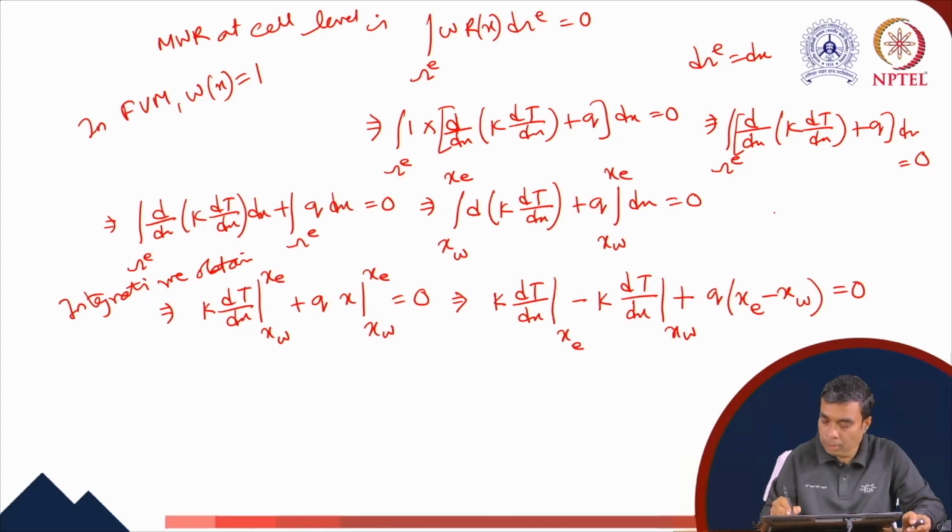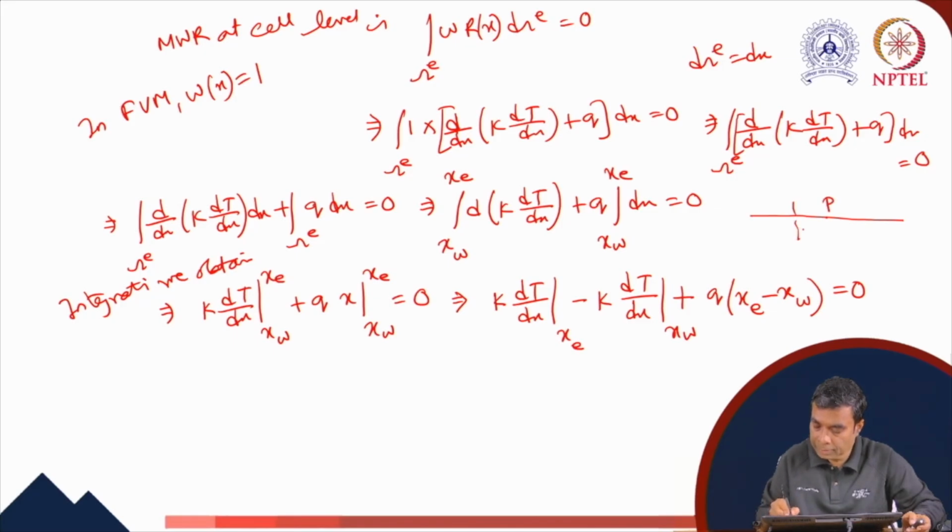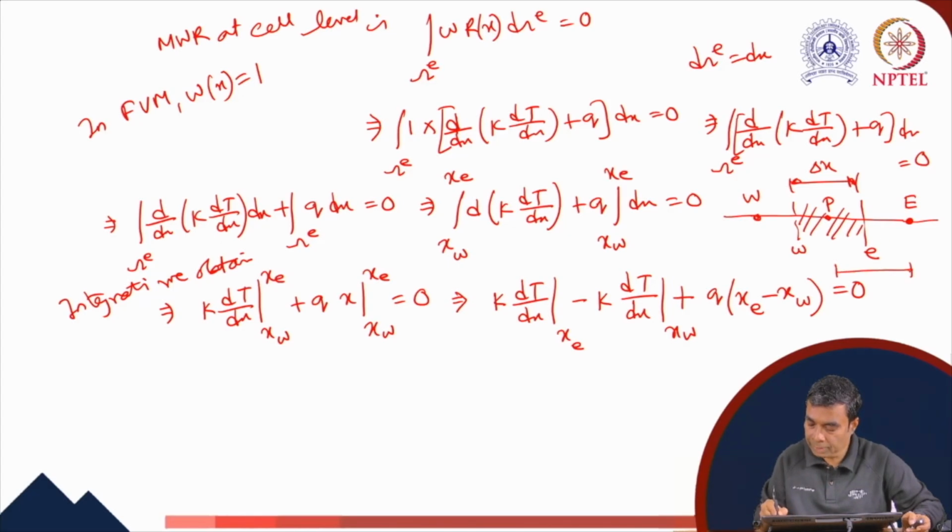So if we replot the region of interest, this is our point P, the node point, and this is the mesh size delta x. This is the east face, this is the west face. This neighbor was capital E and this neighbor was capital W. The distance between the nodes is also delta x.